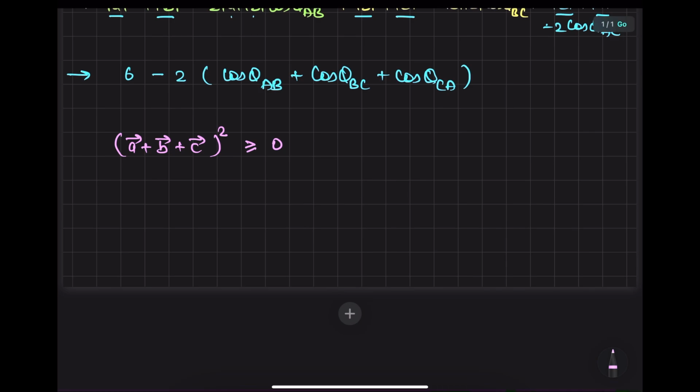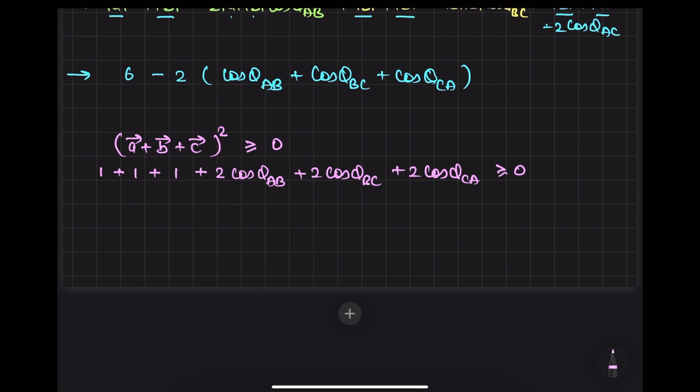So you will be writing mod a square 1 plus mod b square 1 plus mod c square 1 plus 2 times mod a mod b, 1 1, cos theta AB plus 2 cos theta BC plus 2 cos theta CA.